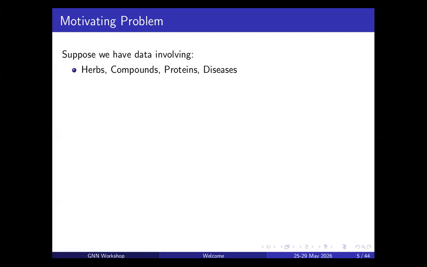Let's take a very motivating example to understand why graph representation is effective. Suppose you have data involving herbs, compounds, proteins, and diseases. Say it's a kind of Ayurveda data. So you have herbs, their chemical compounds, different proteins that interact, and these proteins and diseases will interact.